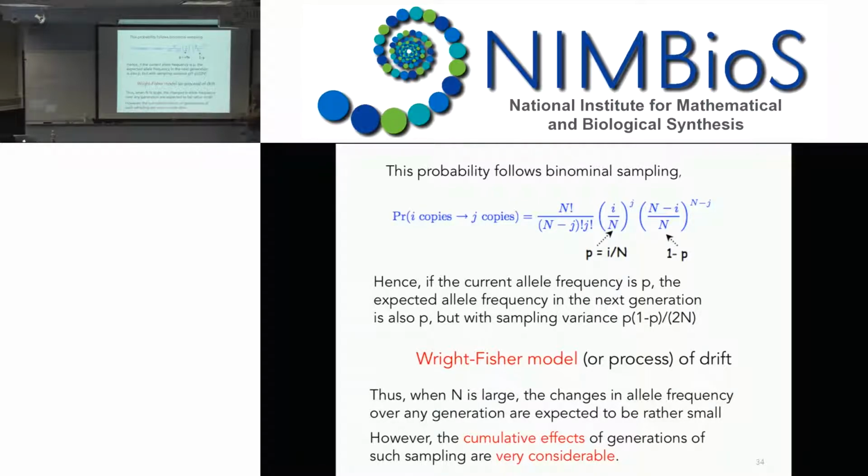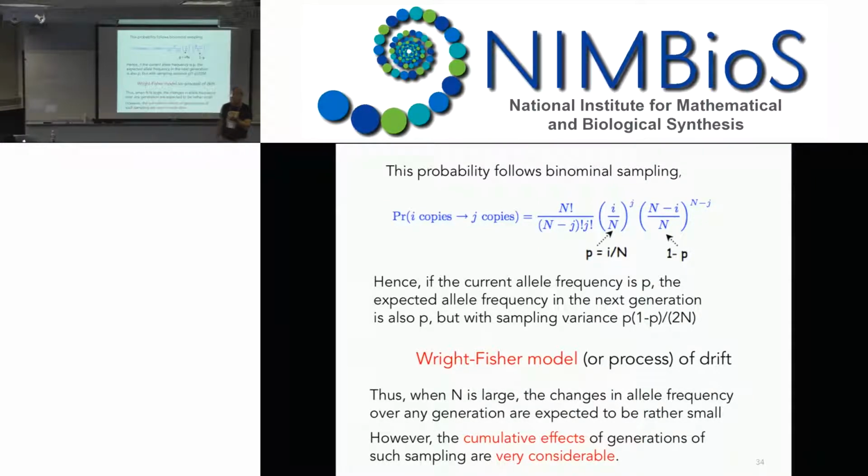If you run that experiment over time, as you run it long enough, the allele is either lost or fixed. Also notice that it depends upon n. In the Wright-Fisher model for drift, when n is large, the new value of p is going to be very close to the old value of p, because if I have 1 million individuals, random sampling isn't going to change that frequency very much in one generation.